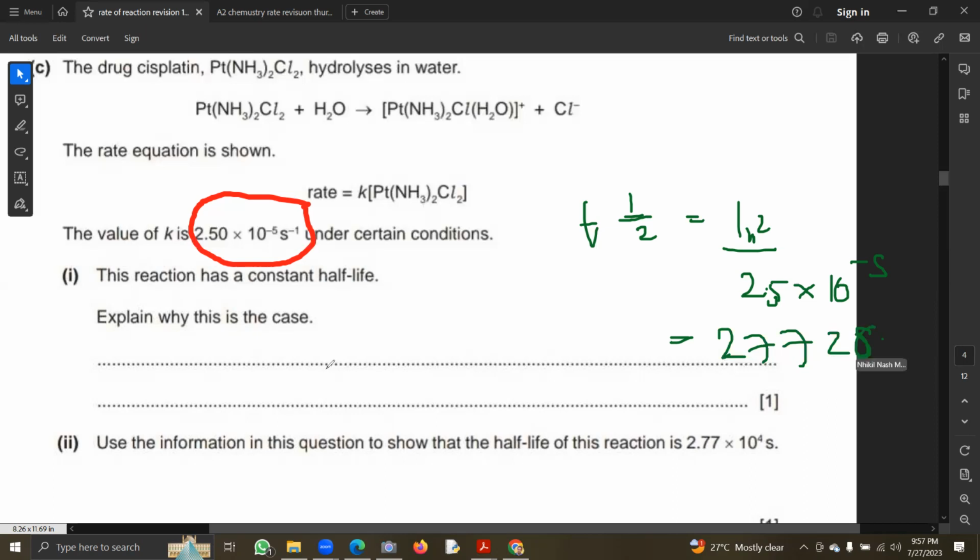Then we found 27726. Now the actual next part, we don't need the advanced equation. Without it, we can do it.